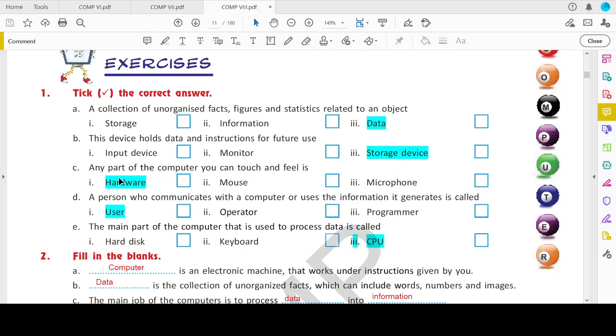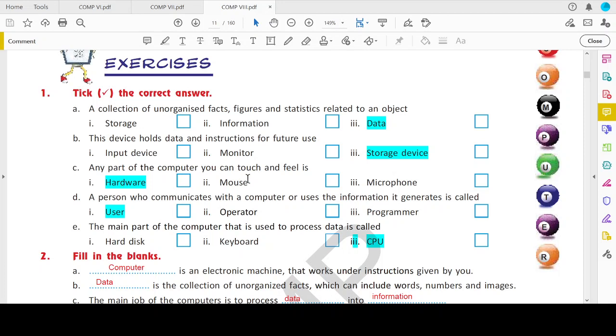Next, any part of the computer you can touch and feel is hardware, mouse, microphone. So any part of the computer you can touch and feel is hardware. You can touch a mouse, you can also touch a microphone, but all of them are hardware. So your answer should be the most appropriate one.